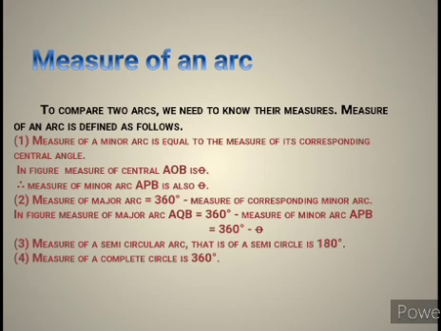Second, the measure of a major arc is equal to 360 degrees minus the measure of the corresponding minor arc. In the figure, the measure of major arc AQB is equal to 360 degrees minus the measure of minor arc APB, that is equal to 360 degrees minus theta. Third, the measure of a semicircular arc, that is of a semicircle, is 180 degrees. Fourth, the measure of a complete circle is 360 degrees.